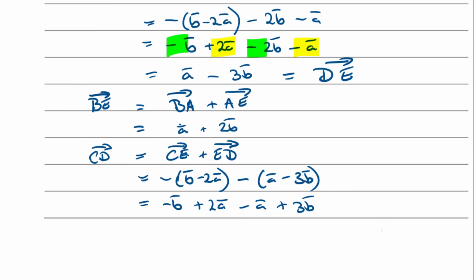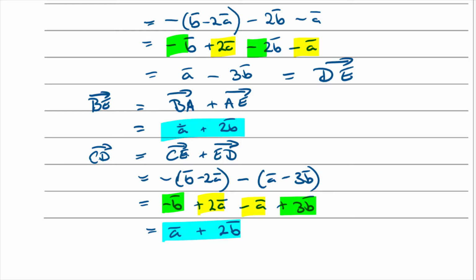Again, collecting up like terms, I've got minus B and a positive 3B, and I've got a positive 2A and then a minus A. So that gives me A plus 2B, which you'll notice is the same as that one.